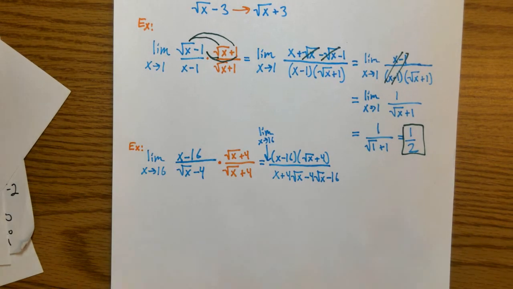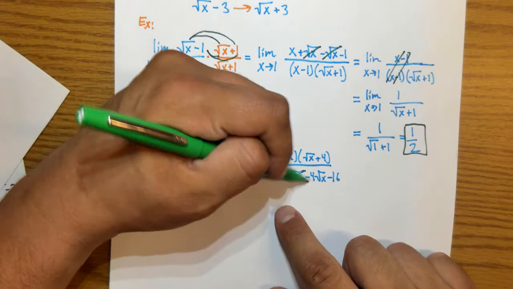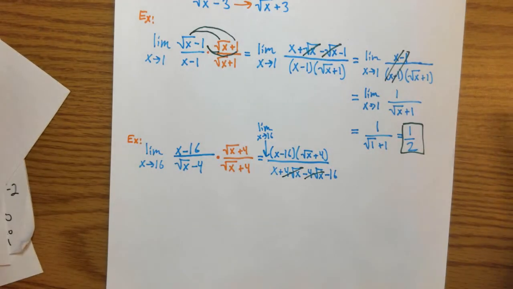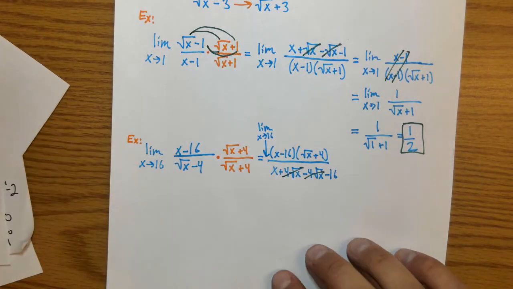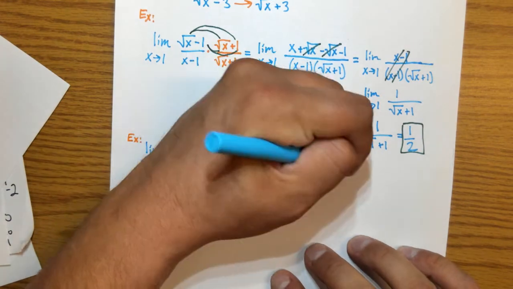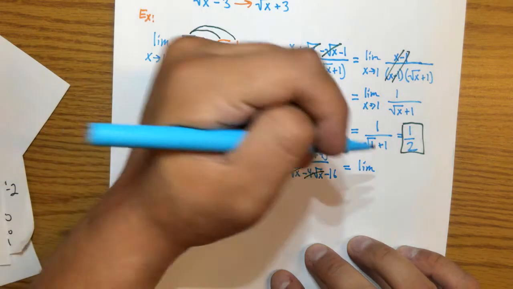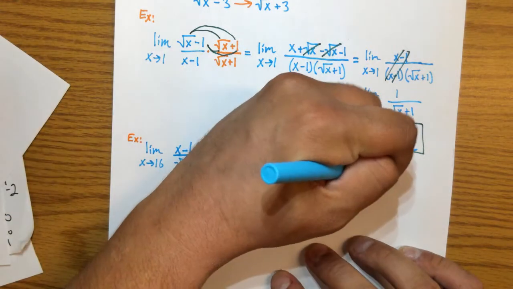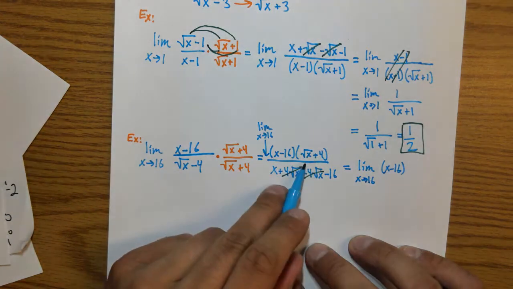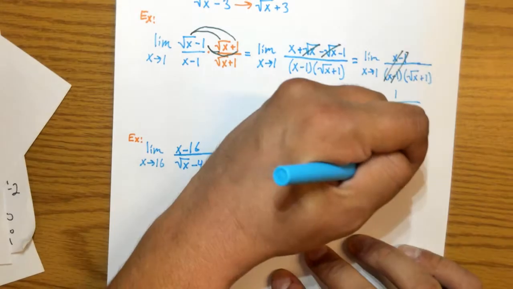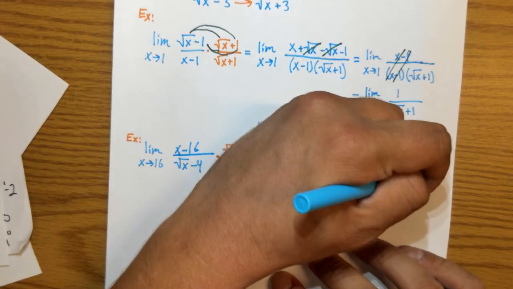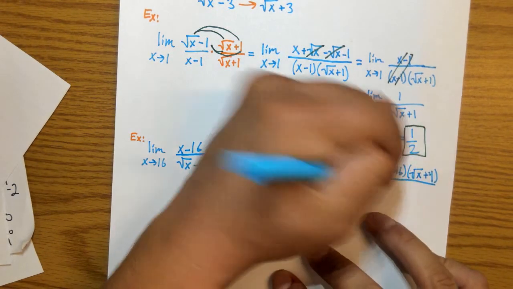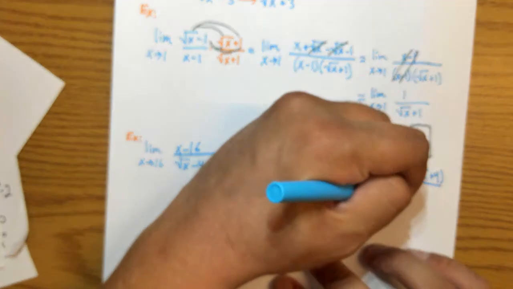Notice, now that these cancel, the 4 square roots of x cancel. So what we're left with is the limit as x approaches 16 of x minus 16 times the square root of x plus 4 divided by x minus 16.